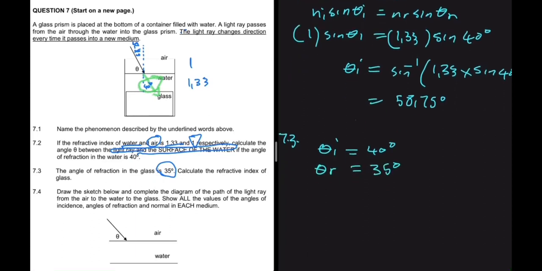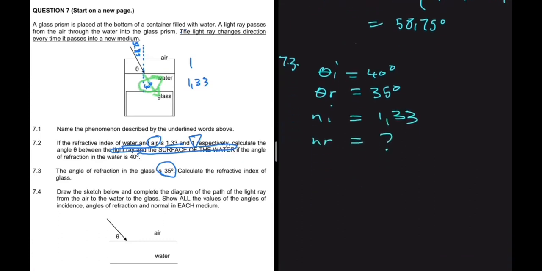What else do we know? We know the refractive index of water, right? We know that Ni is equal to 1.33. What we're looking for is Nr, which is our x, right? So again, if you apply Snell's law, we're going to get Ni sine theta of I is equal to Nr sine theta of R. So what is Ni?